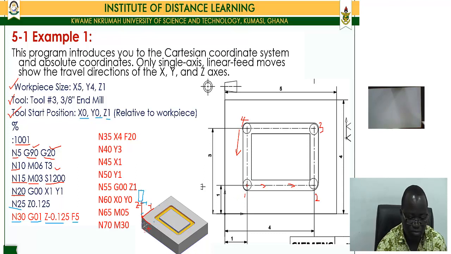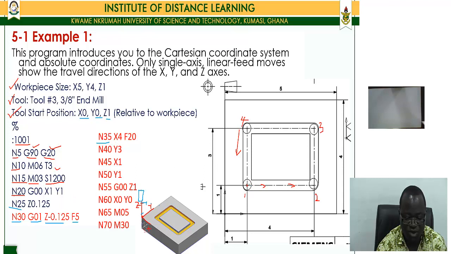Okay, now we cut through, so the mill will just sink through at a feed rate of 5 inches per minute into the block.